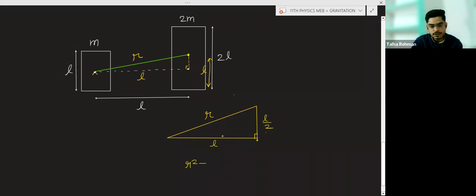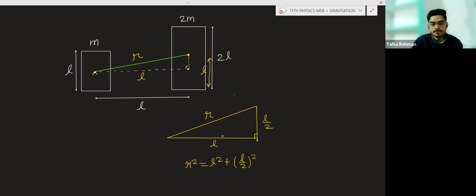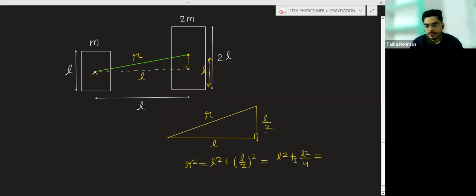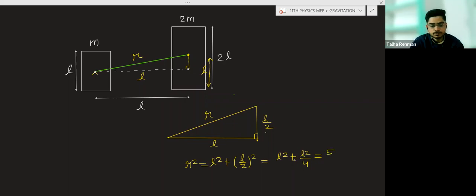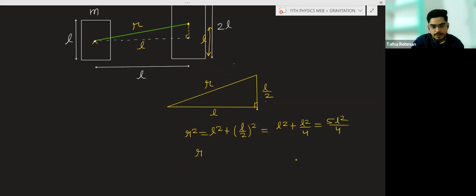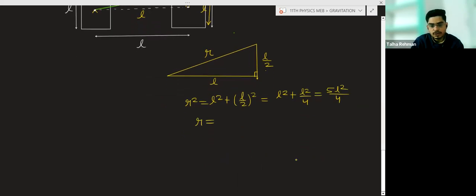R square is equal to L square plus L by 2 whole square, so it becomes L square plus L square by 4, which is 5L square by 4. So R is root 5 by 2 into L.